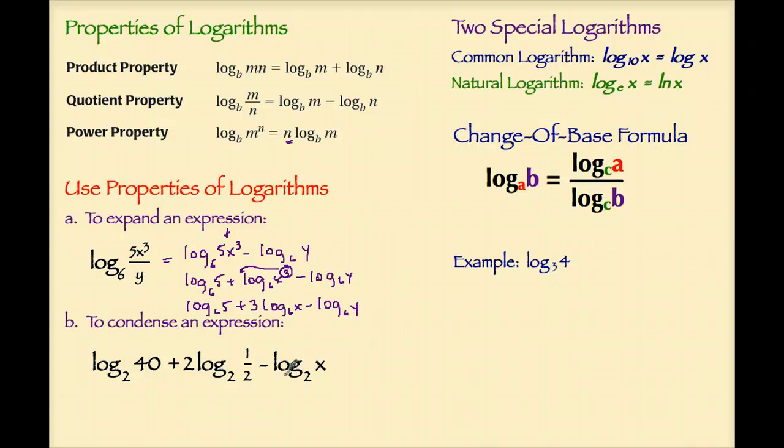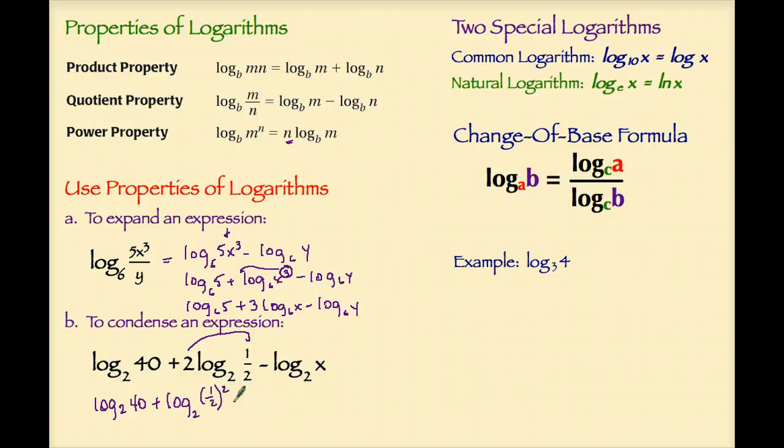Now you can use those same properties to take an expanded expression and condense it. So you have log base whatever, in this case 2, of one logarithmic expression. First of all, let's take any coefficients and bring them back to the exponent position. So we have log base 2 of 40 plus log base 2 of 1/2 squared.